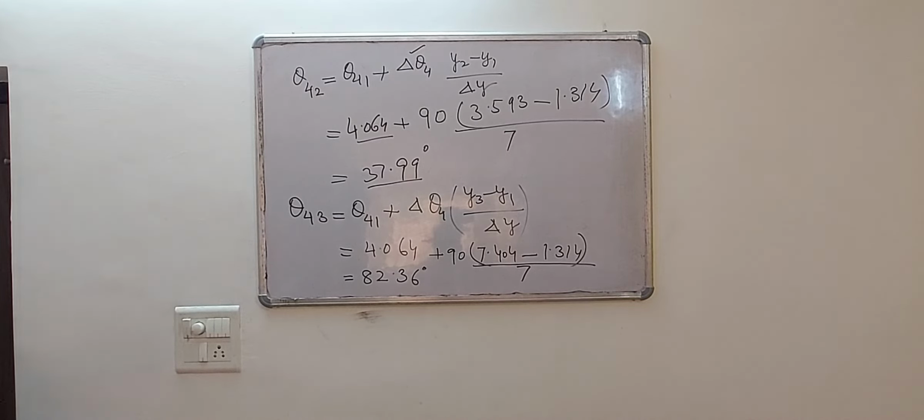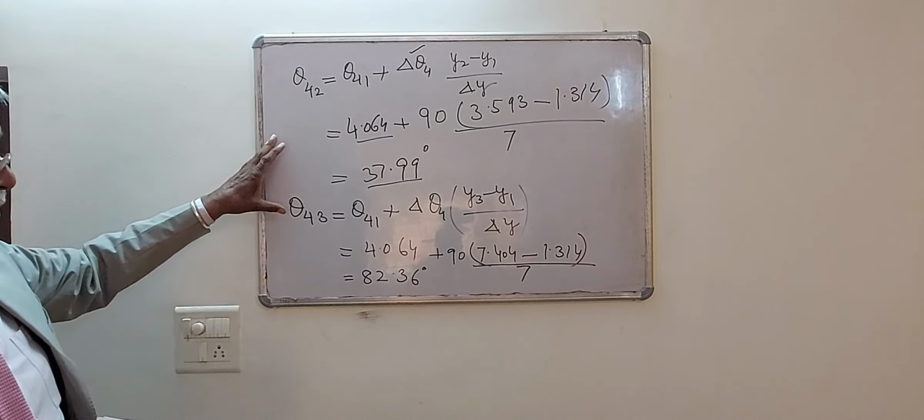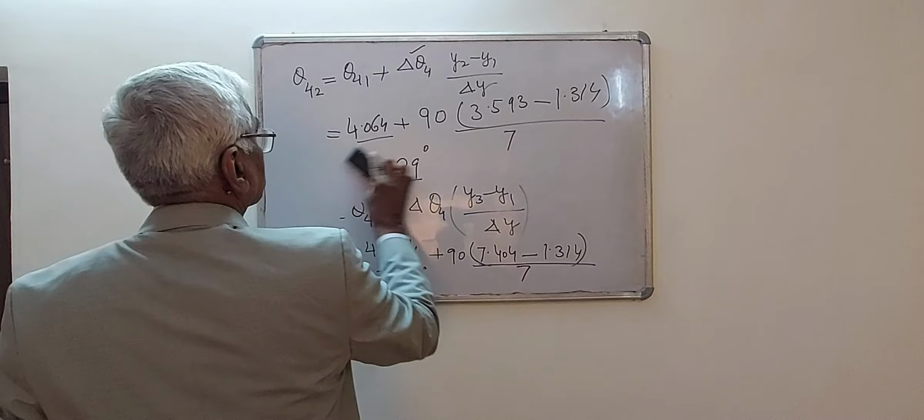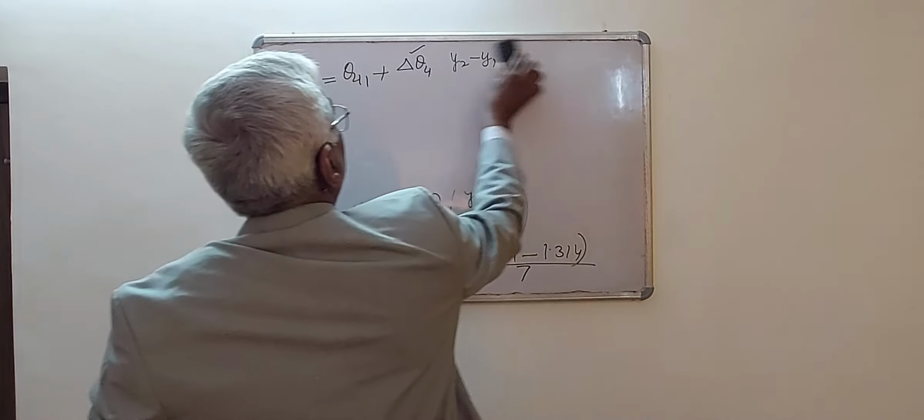So I am in a position to present the three values of rotation of the output link as well as three values of rotation of the input link. They can be presented in tabular form like this.